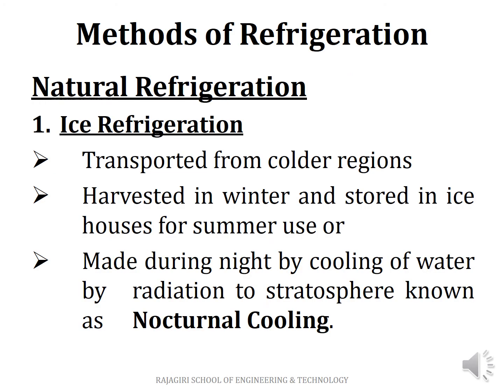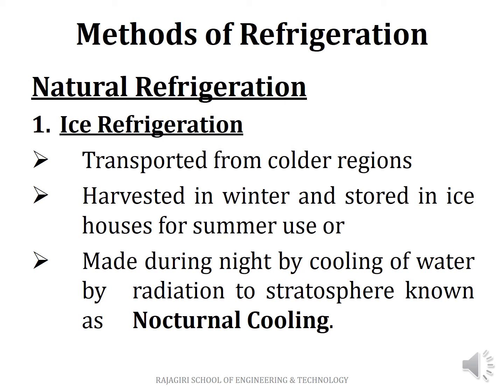The broad way of classification of refrigeration is natural refrigeration and artificial refrigeration. In natural refrigeration, we rely on nature for providing the refrigeration effect. In olden days, refrigeration was achieved by the use of ice or evaporative cooling.